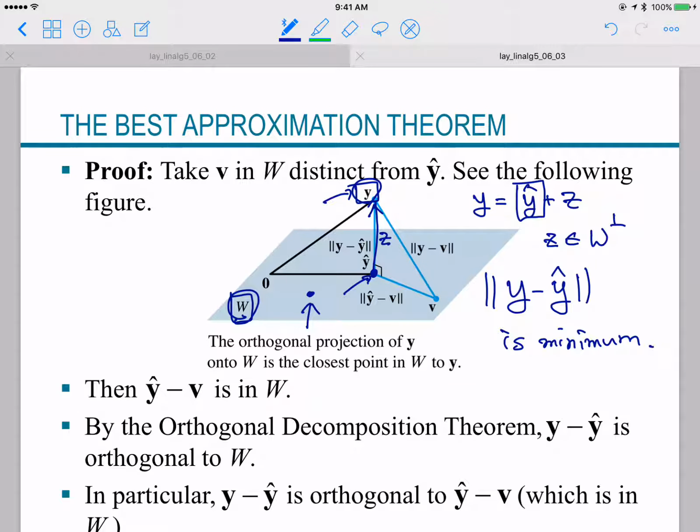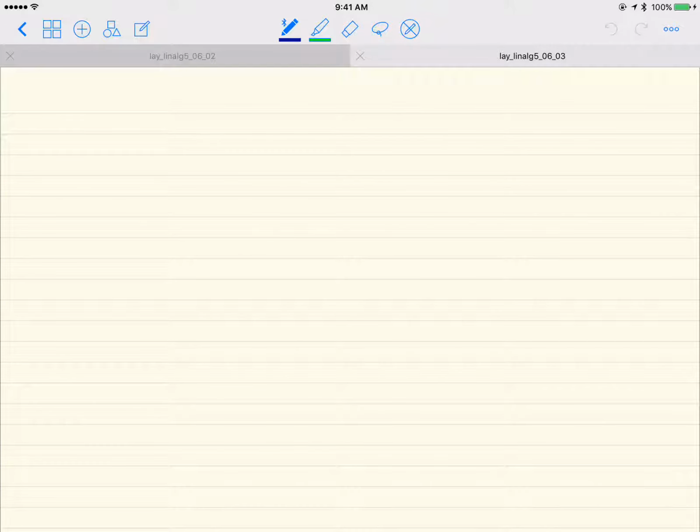So in that sense, this Y hat, which is an orthogonal projection, is your best approximation of the original vector Y onto this subspace W.